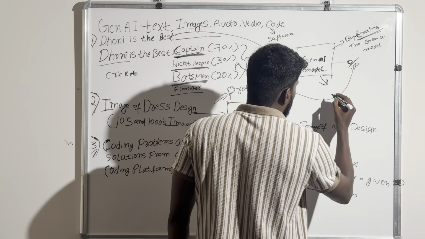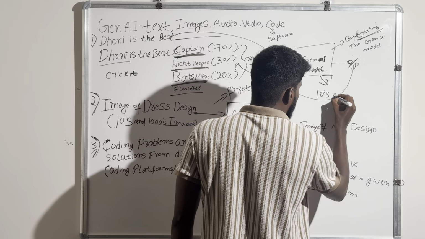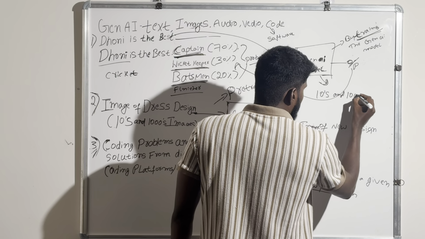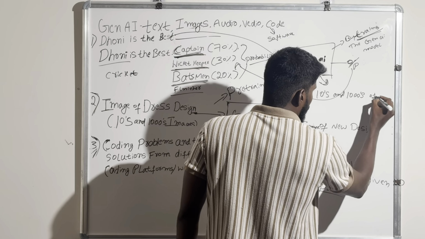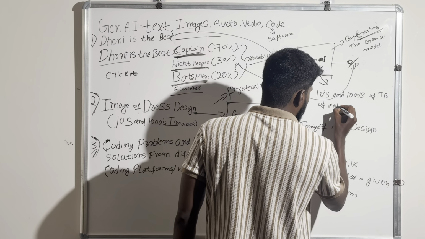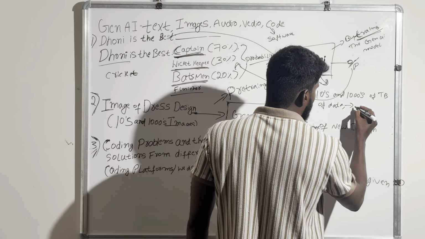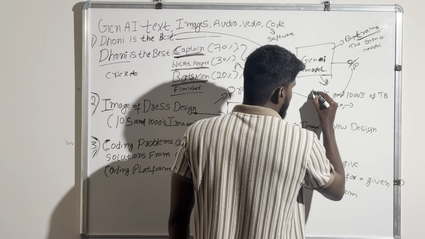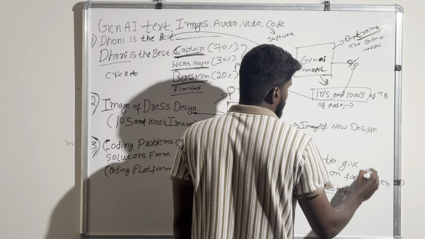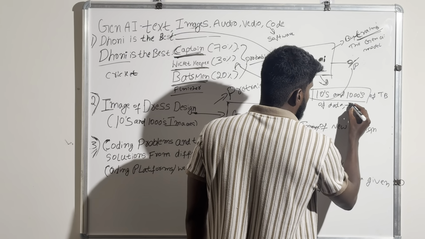Input for the training can be tens of thousands of TB of data. This data can be from different sources. In order to get these tens of thousands of TBs of data, we should get this data from some sources, right?